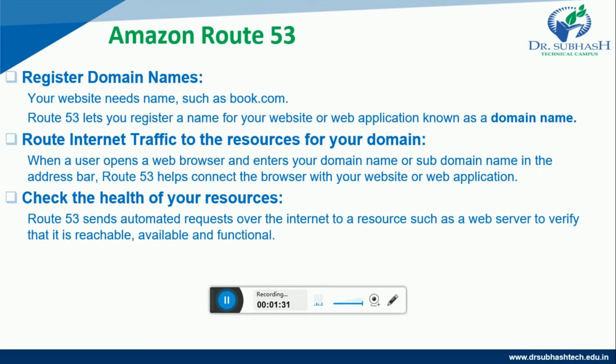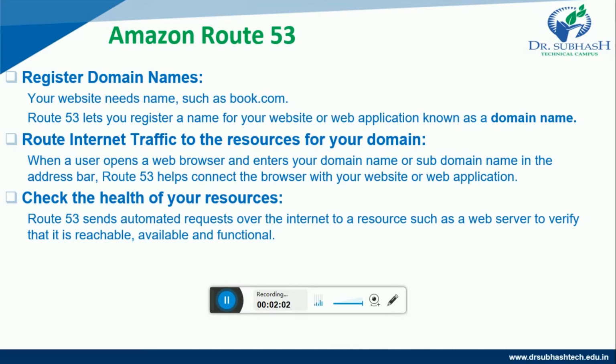Route 53 lets you register a name for your website or web application, which is known as a domain name. Next one is route internet traffic to the resources for your domain. When a user opens a web browser and enters your domain name or subdomain name in the address bar, Route 53 will help connect the browser with your website or your web applications.